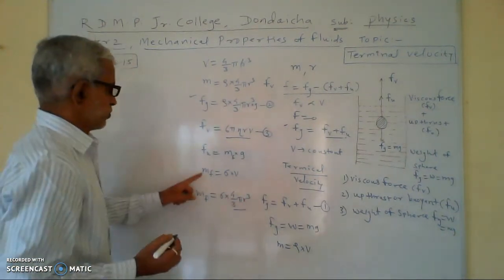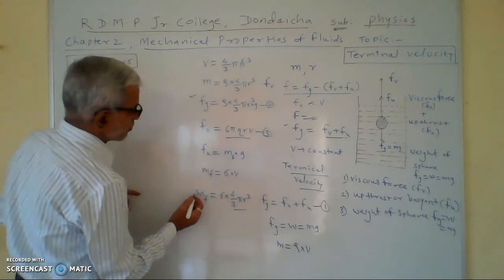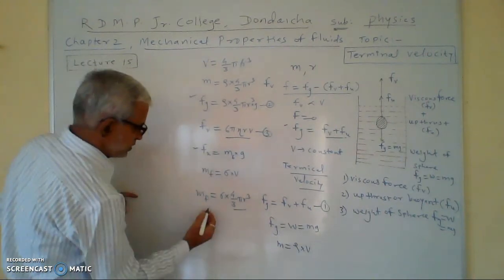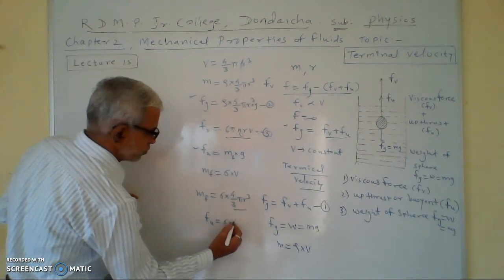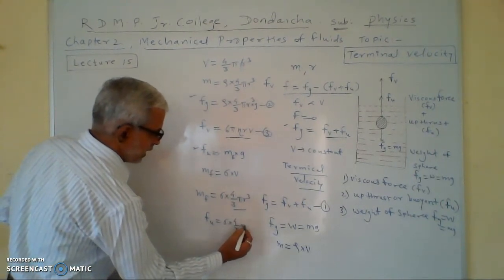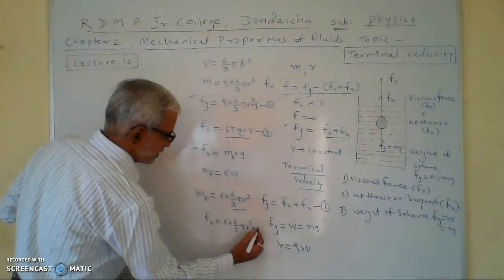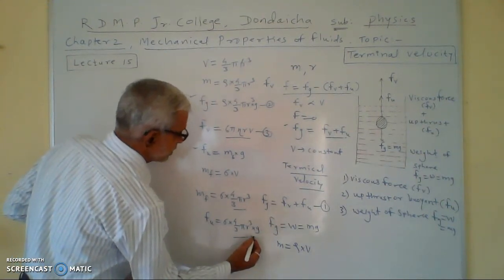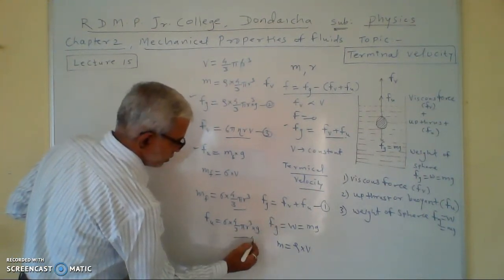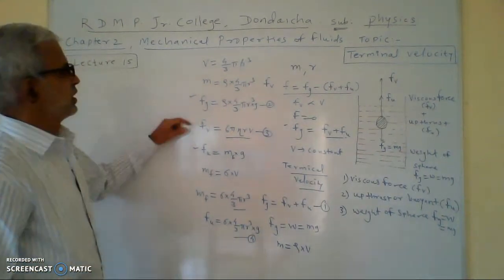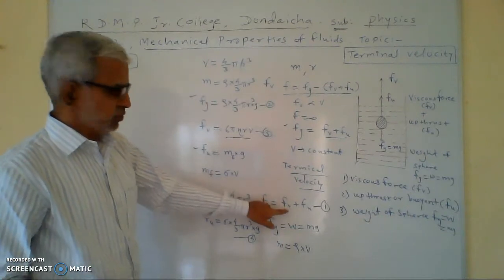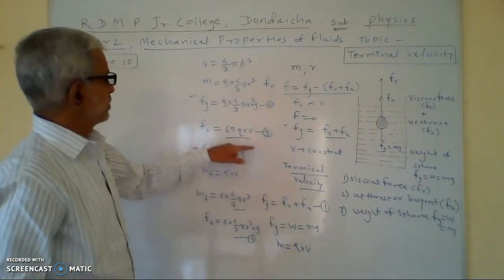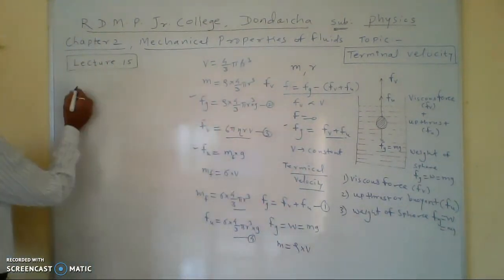Now put this value of mf in this equation. So Fu will be equal to sigma into 4 upon 3 pi r cube multiplied by g, and this is equation number 4. Now put the values of equations 2, 3 and 4 in equation 1.